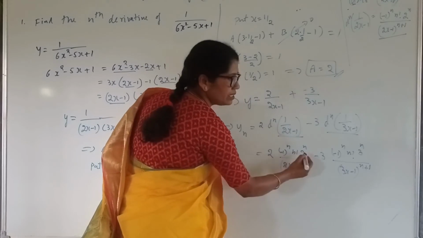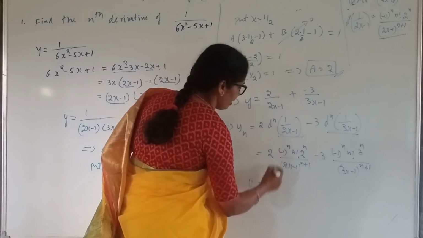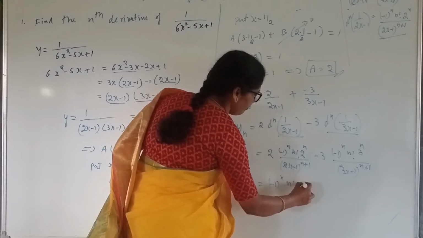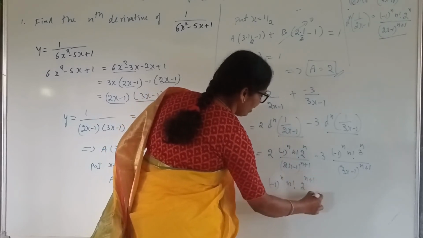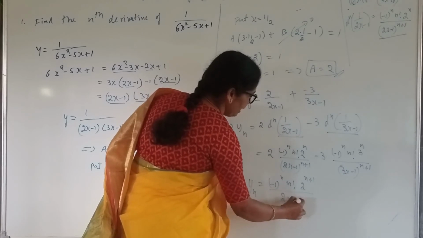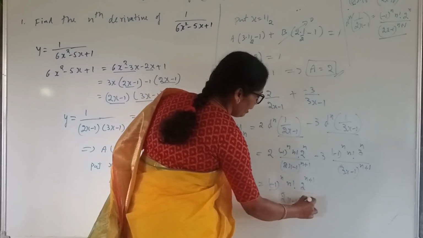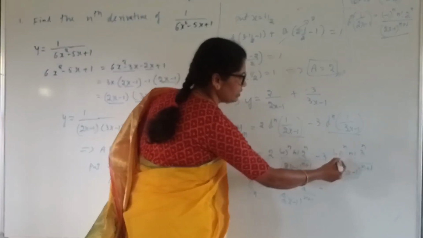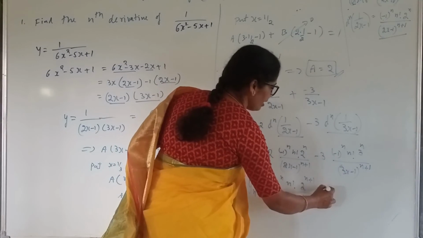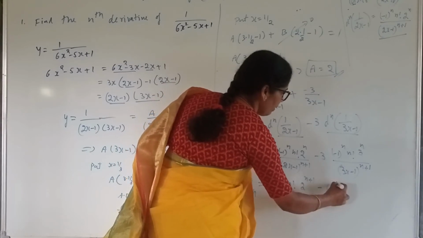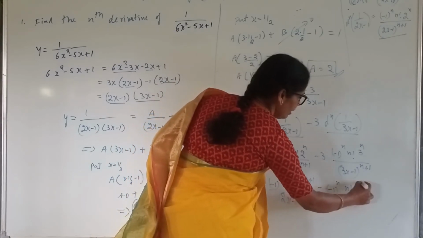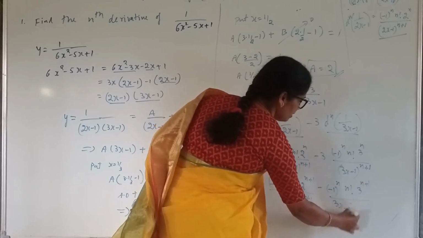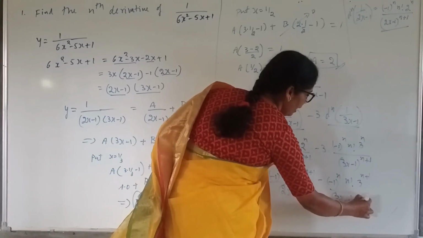Further, by simplifying this, the nth derivative of the given function is, see, 2 into 2^n means 2^(n+1). So (-1)^n factorial n 2^(n+1) by (2x minus 1)^(n+1) minus 3 into 3^n is 3^(n+1). So (-1)^n factorial n 3^(n+1) by (3x minus 1)^(n+1).